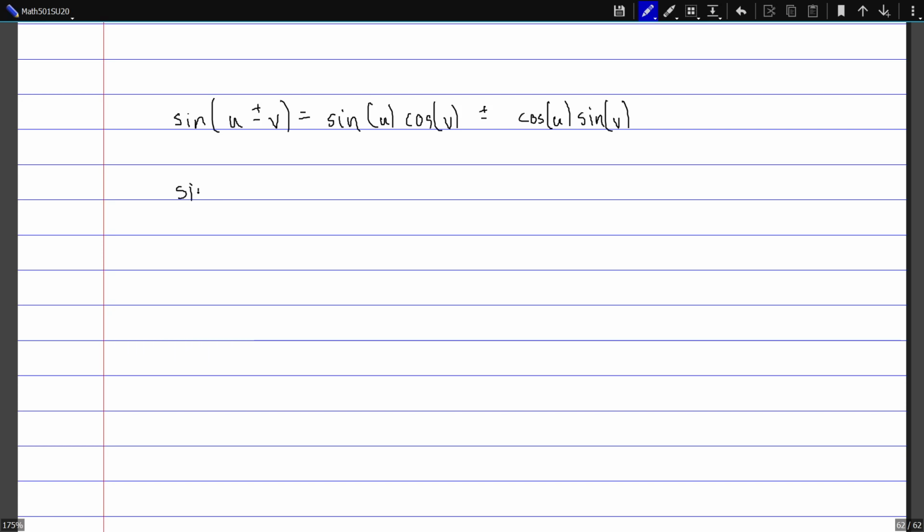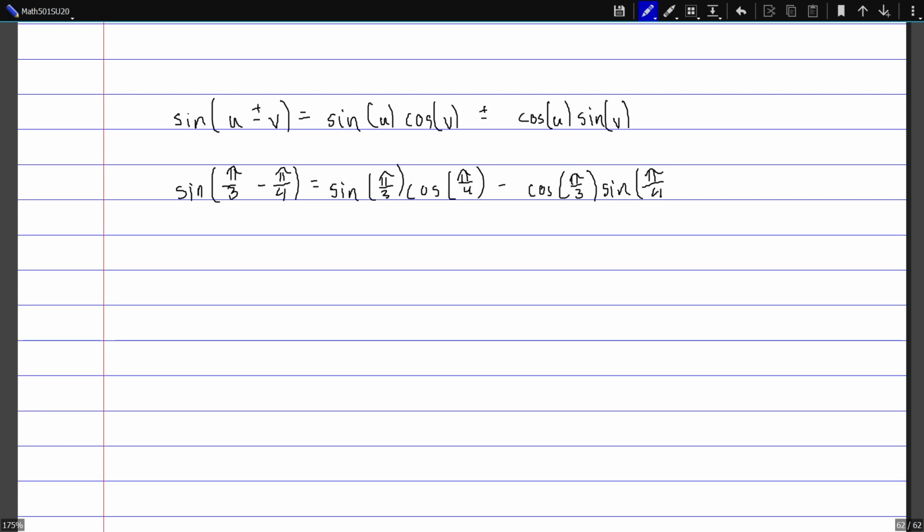So ours is sine of pi over 3 minus pi over 4. These are now our u and our v respectively. This is sine of pi over 3 times cosine of pi over 4. We match the sign in between, so this will be minus cosine of pi over 3 times sine of pi over 4.